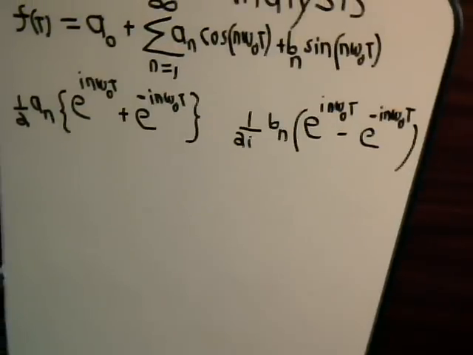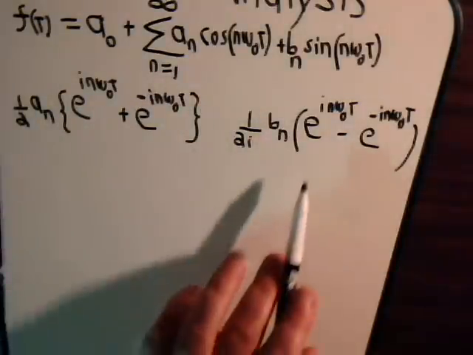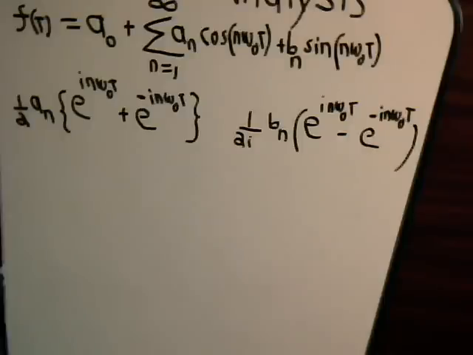So let's rewrite the formula for f of t, inserting this in here and inserting this in here. What would that give us?